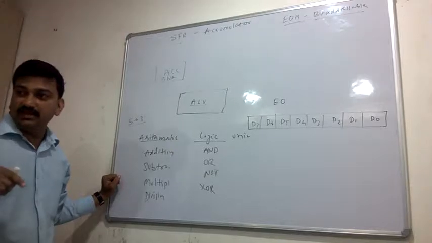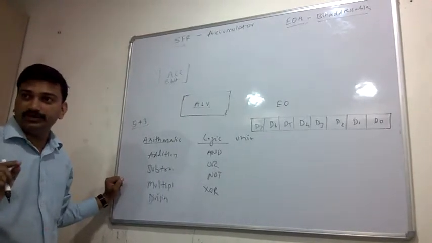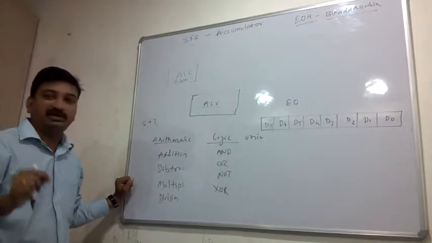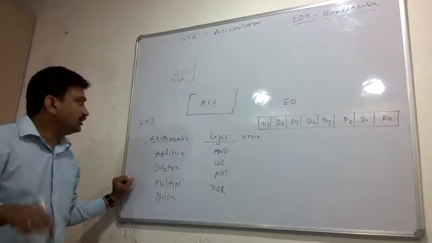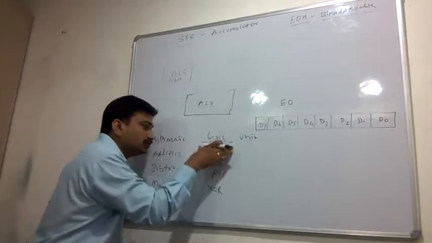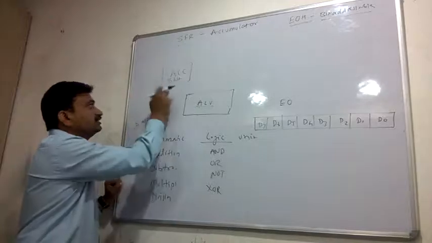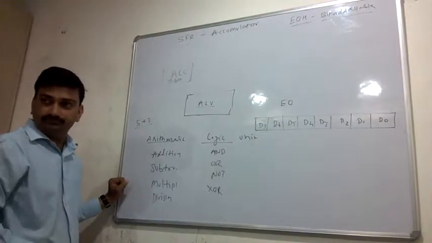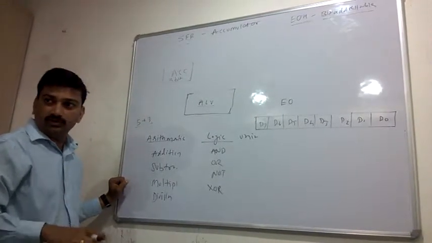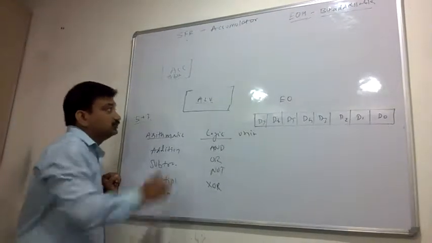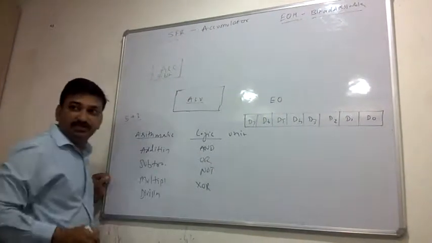This is the basic condition while programming with the 8051. When you perform any arithmetic or logical operation, one of the operands must be in the accumulator. That's why the accumulator is very important.